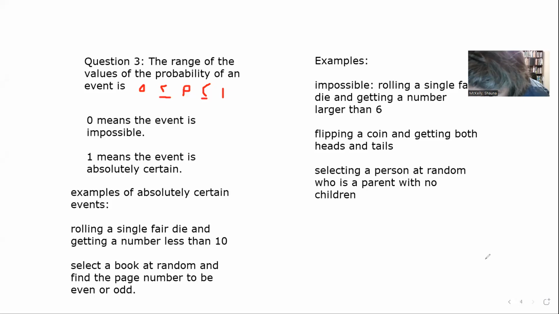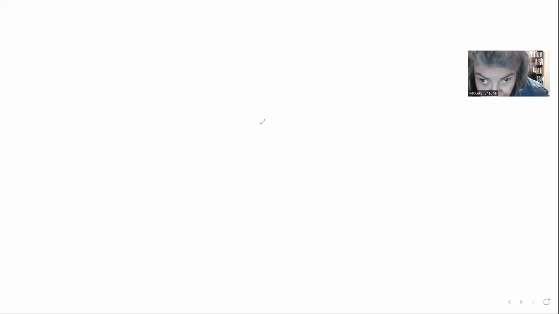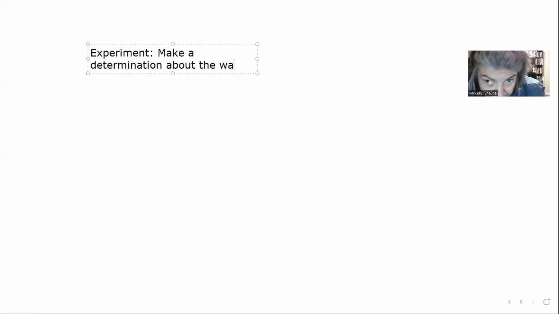In the case of number 5, we have 2 possible outcomes, okay? So our experiment for number 5, to wrap up how this works, is to make a determination about the weather tomorrow, essentially.